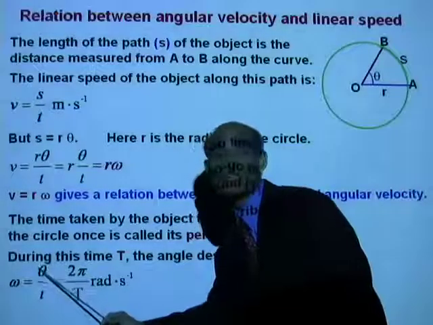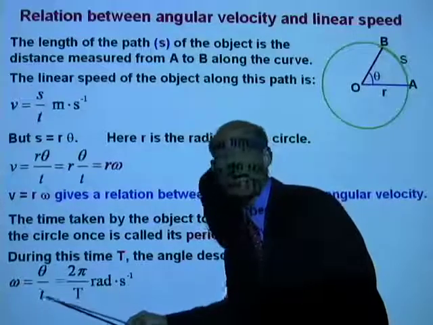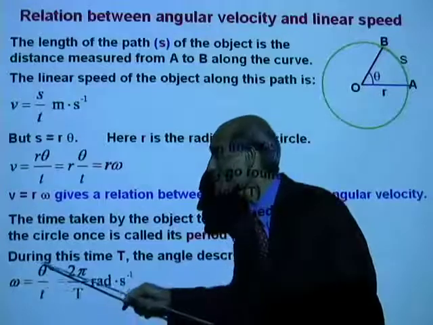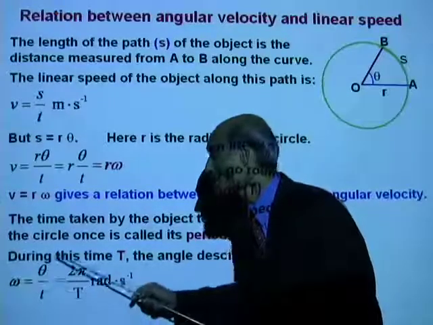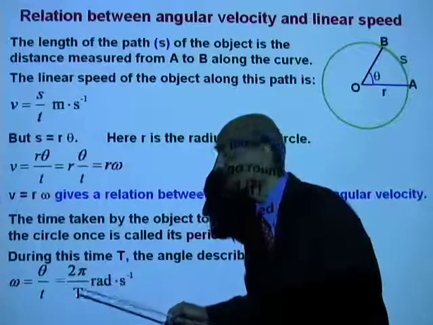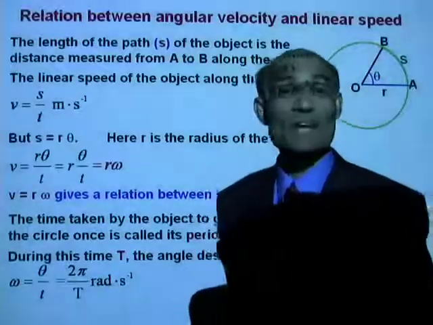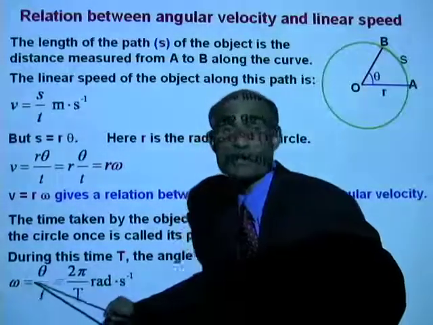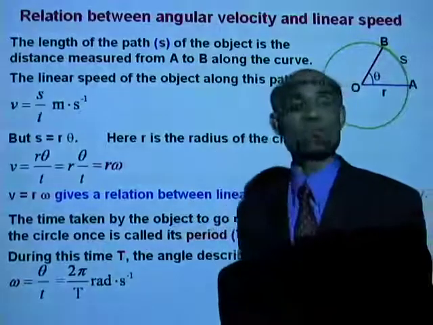Therefore, theta equals 2 pi when the time is one period. So omega equals theta over t can be written as omega equals 2 pi divided by the period. Another important relation: angular velocity of circular motion is 2 pi divided by the period.